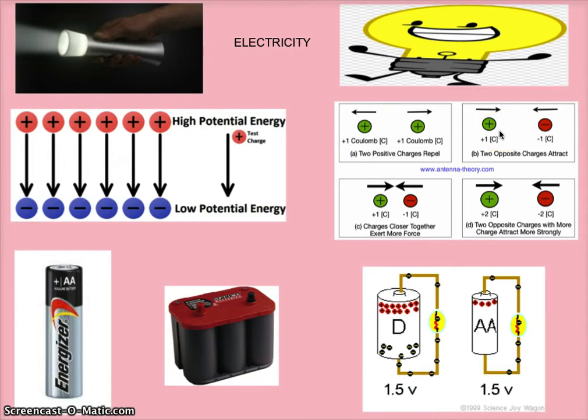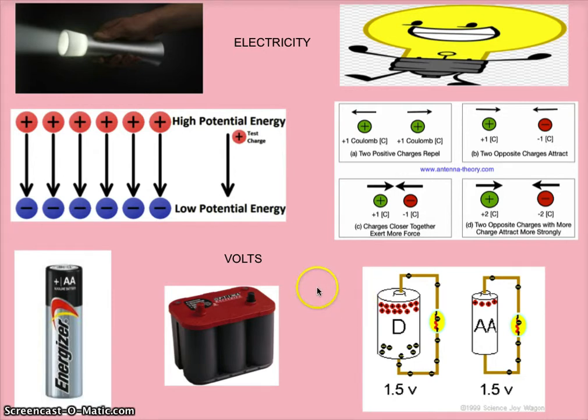You probably don't have a full grasp of that yet, but here's a little bit about what we have here. You can measure the potential energy in something called volts.